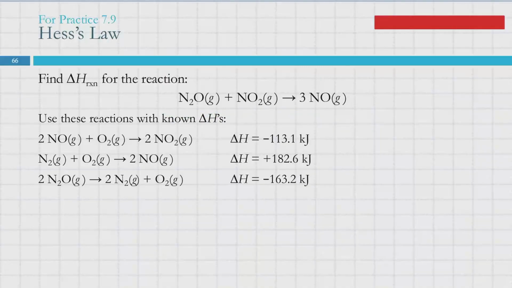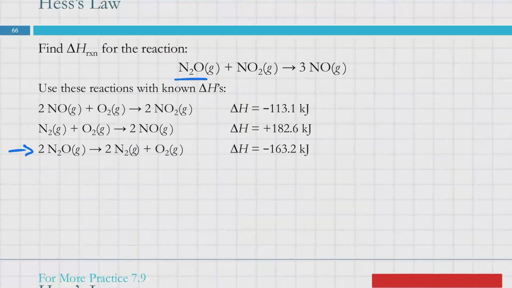So I would recommend, let's see if there's any chemicals that only show up in one reaction, and then we can set those up to start with. So for example, the N2O only shows up in this last reaction. N2O is on the left side, so in this reaction we need N2O to be on the left side as well.